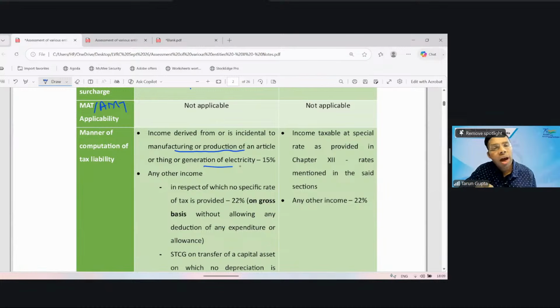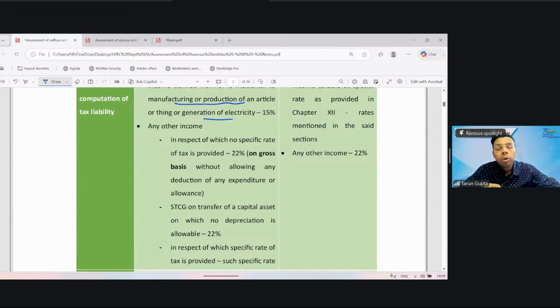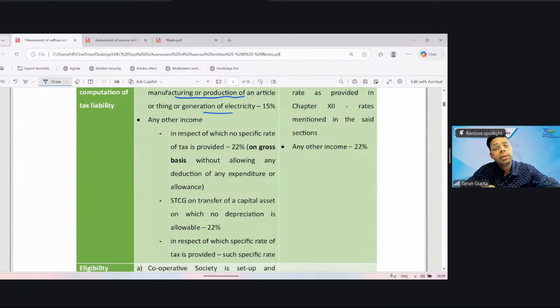If the corporate society has any other income, then such other income shall be taxable as below. If the income is taxable at a special rate provided under the Act, say long-term capital gain or short-term capital gain of section 111A, etc., then such income shall be taxable at such specific rate.